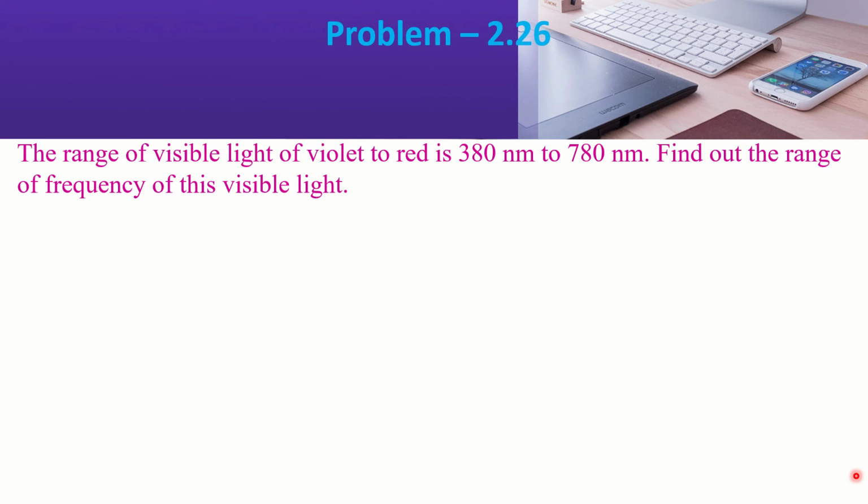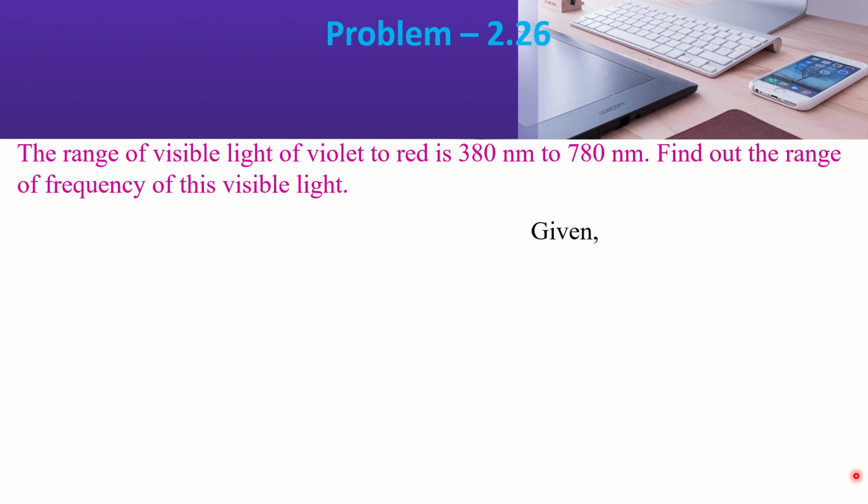That means for wavelength 380 nanometer, at first you will find out the frequency of this wavelength, and again you will find out the frequency of radiation having 780 nanometer wavelength.